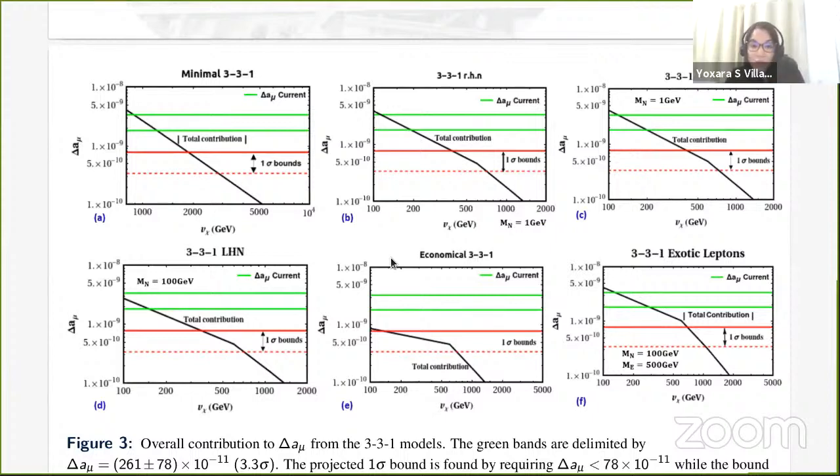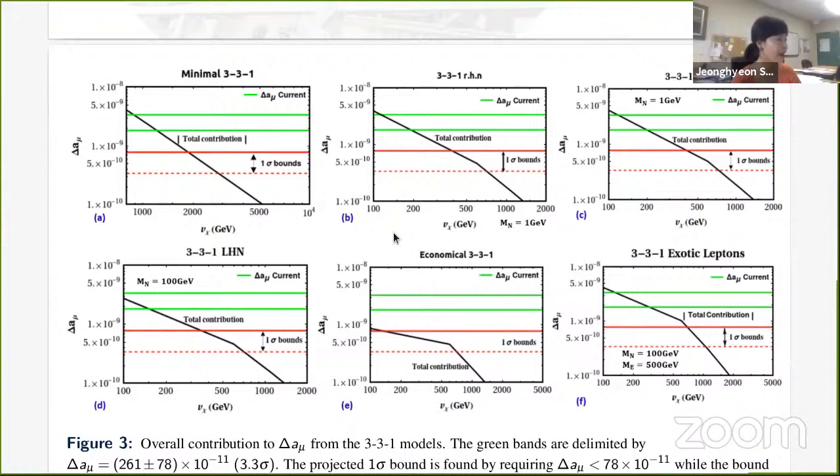The main contribution to the g-2 in these plots. Yeah, but I don't understand. So green lines, right? You have 2 green lines.